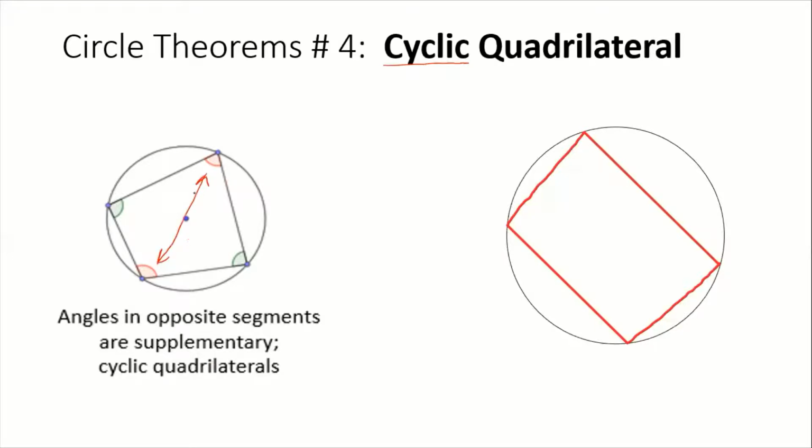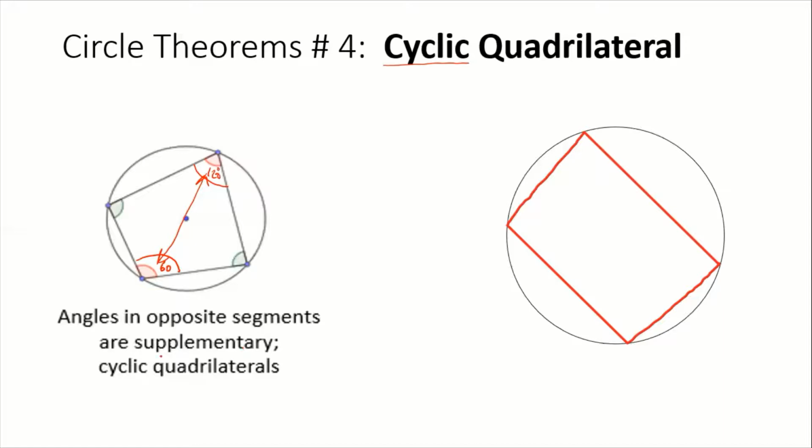So if you know this angle has a measure of 120 degrees, then this angle down here has to have a measure of 60 degrees. Why? Opposite angles in a cyclic quadrilateral sum to give 180.